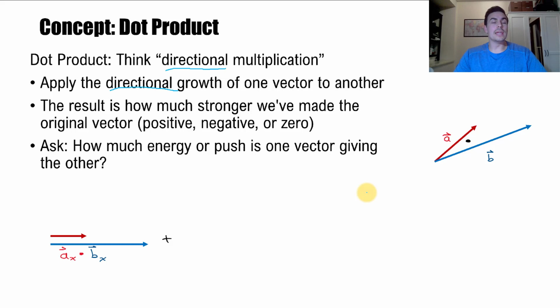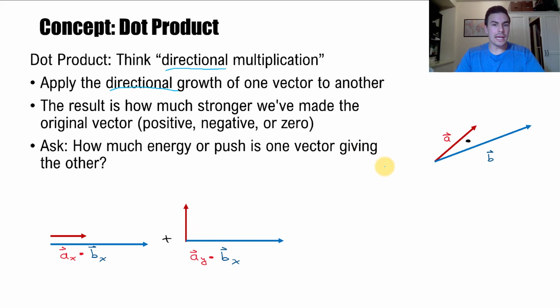Plus, we've got the vertical component of A, and how is that affecting the vertical component of B? Again, you can take both of these vectors and express them in horizontal and vertical components. That's what we're looking at down here with this dot product.